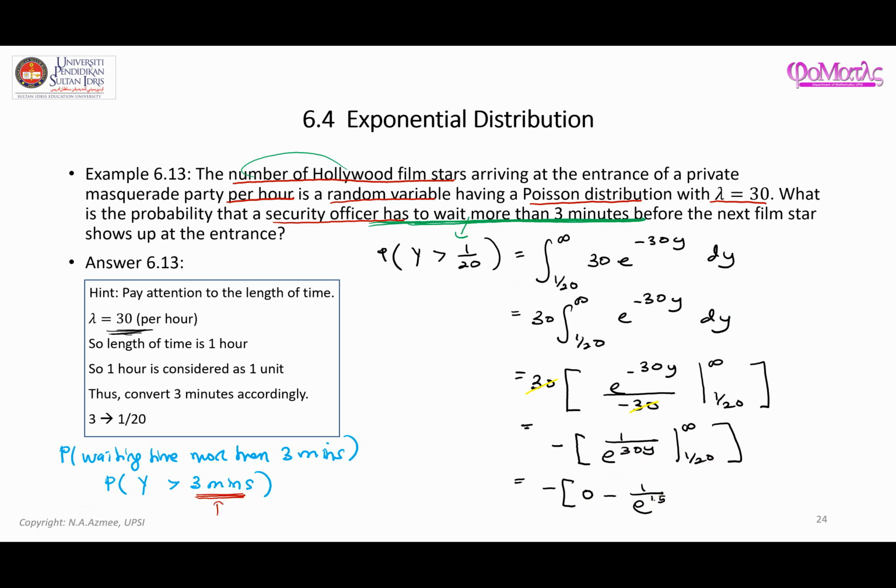So this becomes negative, negative, positive, and it is equal to 0.2231. So this is the probability that the security officer has to wait more than 3 minutes. The probability is quite small, 0.2.